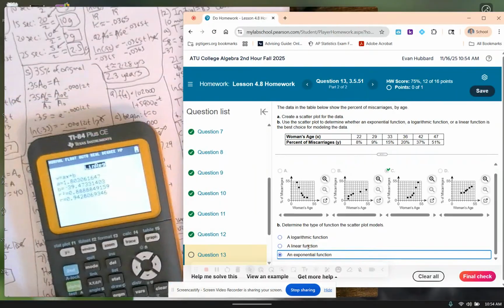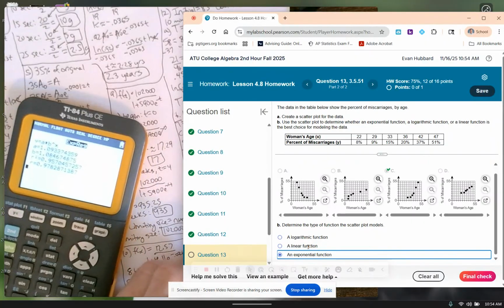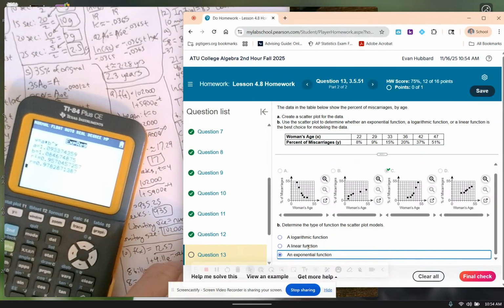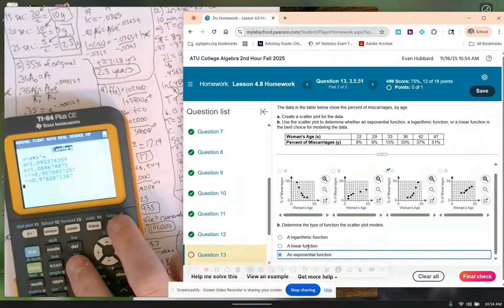Okay, so now let's go to exponential. So we're going to ExpReg, L1, L2. See, this is kind of what I expected. R equals 0.978. I expected the R for that one to be higher because it looks like an exponential curve.